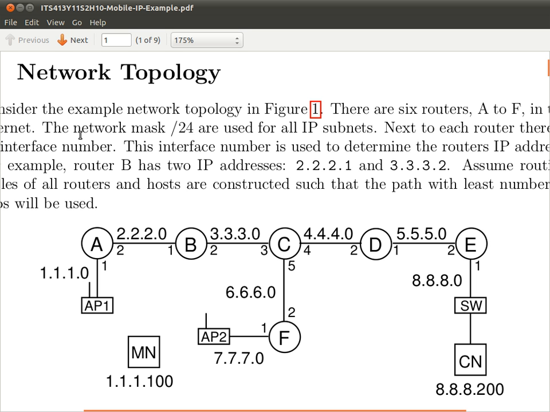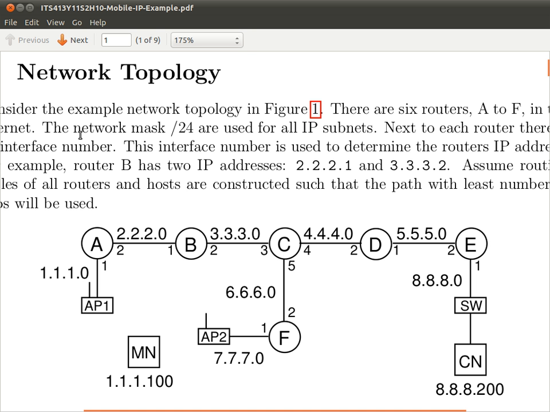So the source is 111.100 and the destination is the foreign agent address, 777.1. And that was discovered in the router advertisement. The router advertisement we drew here had the address of the router. So the one we drew in figure 5 had the address 777.1, and this is figure 6, where we're sending from our mobile node to the foreign agent.